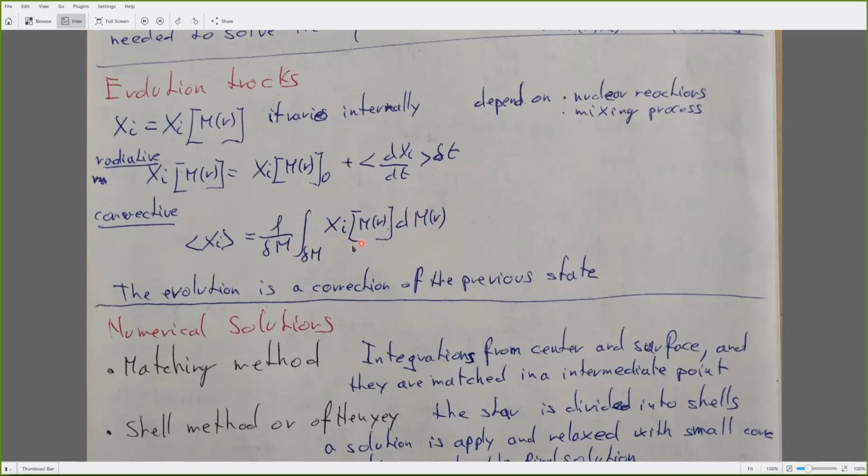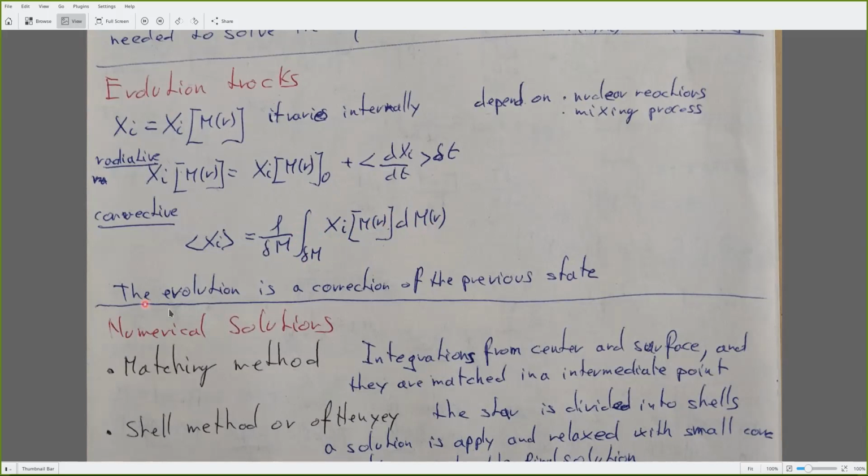and do an average along this part. Convection is useful, but it is messy to calculate the structure perfectly. In fact, how convection works is still not perfectly determined, the mixing length, everything.